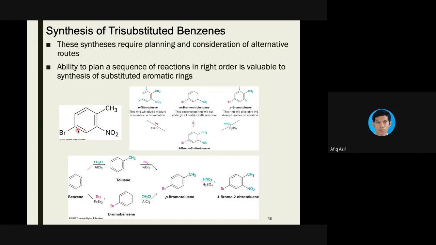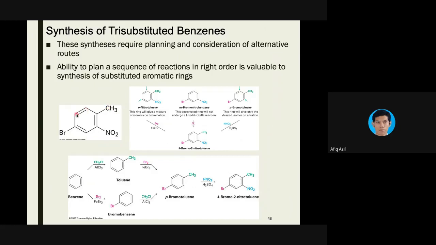So what you need to do, you know that this is bromination, this is nitration, this is Friedel-Crafts alkylation, or you can also have Friedel-Crafts acylation. There are only 5 types of reactions. Okay, but which one of these reactions is going to be placed first or second and third?